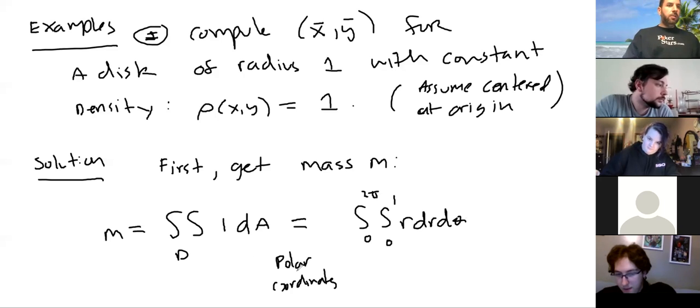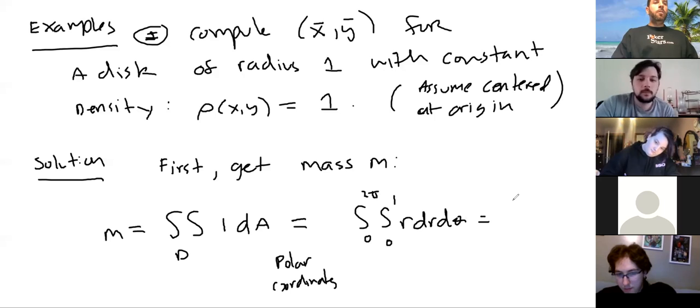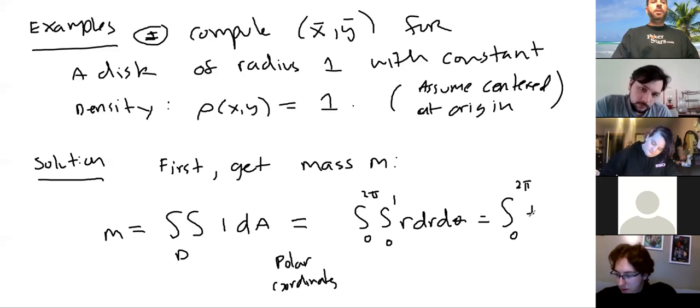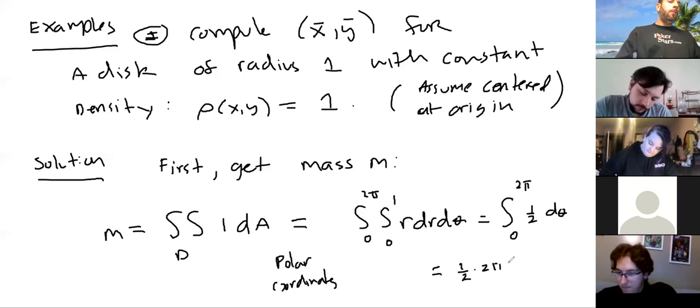If I integrate r, I get 1/2 r squared, so this just becomes the integral of 1/2 d theta. And then if I integrate this again, I get 1/2 times 2 pi. So the mass of my disk is pi.